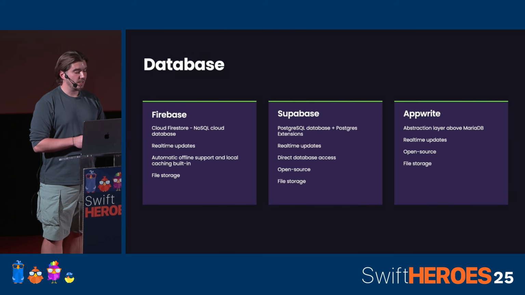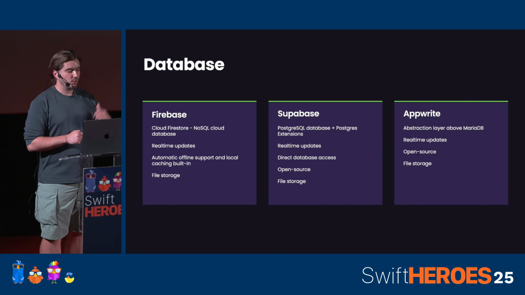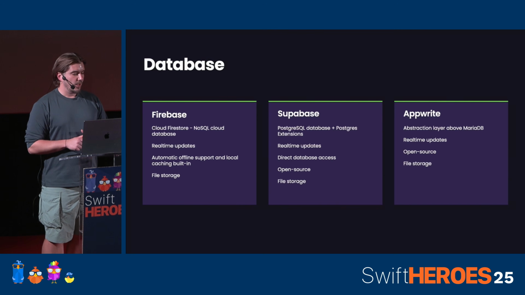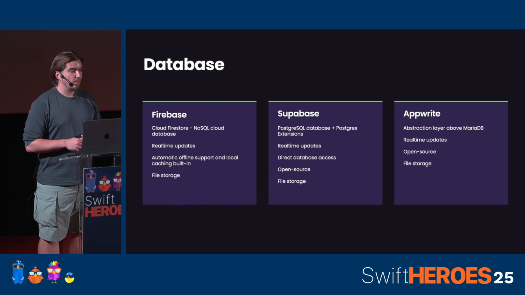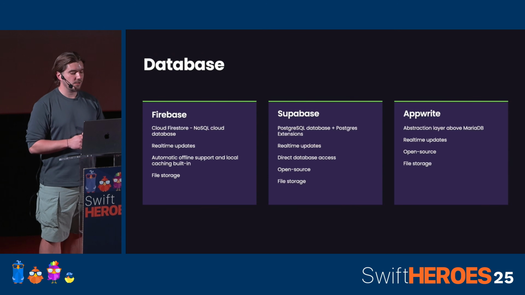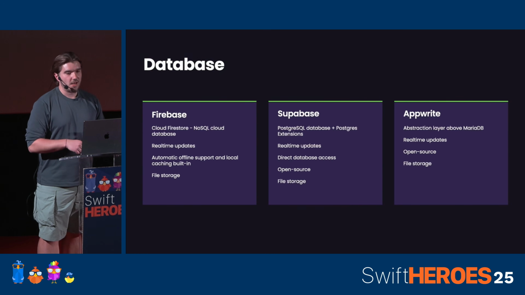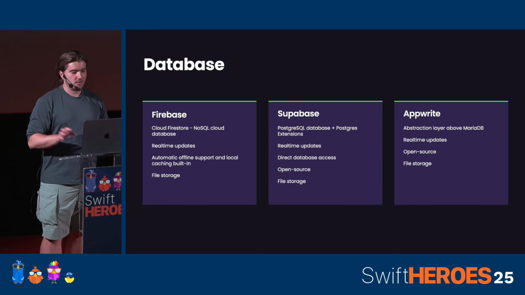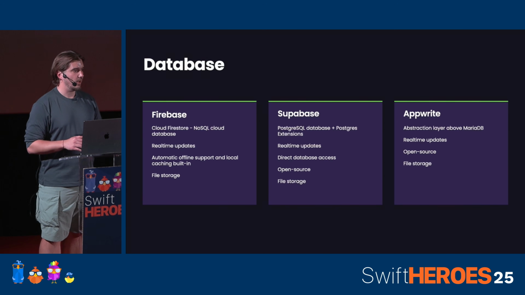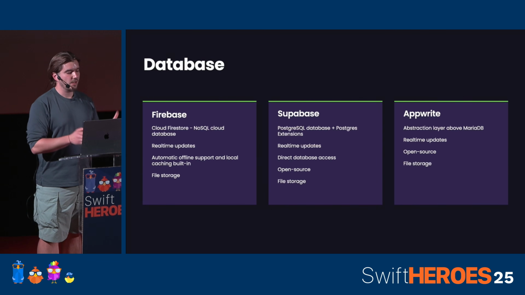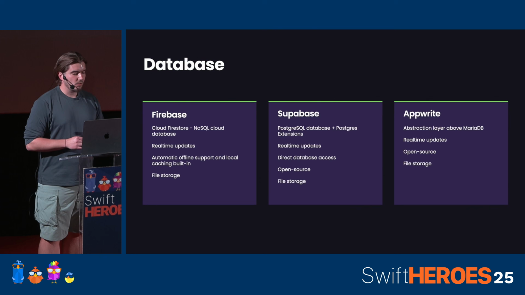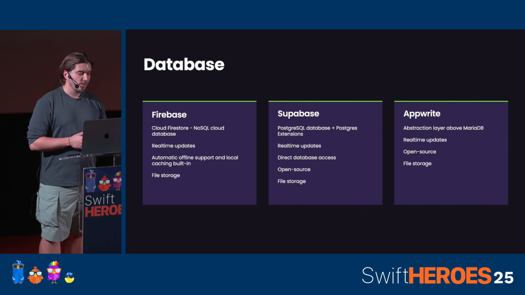If we take a look at database features, Firebase uses Cloud Firestore, which is a NoSQL cloud database. And thanks to that, we have automatic offline support. Supabase uses Postgres and allows for direct database access, which I found really useful, because having my own backend, which lives somewhere next to Supabase, I can make both of them work together without using any SDK or any additional API calls, just a database connection URL.